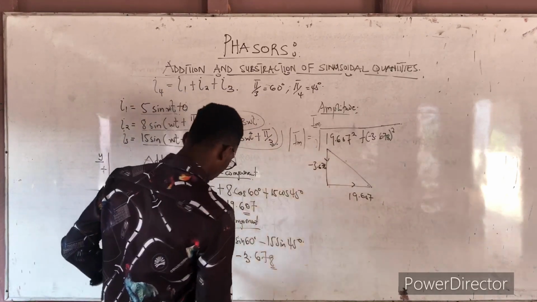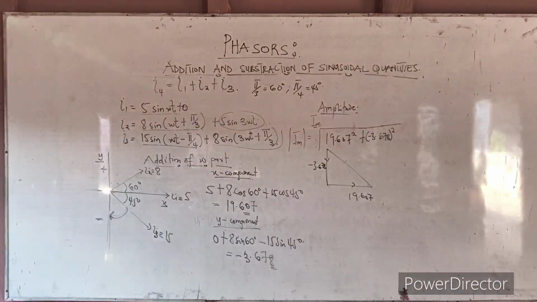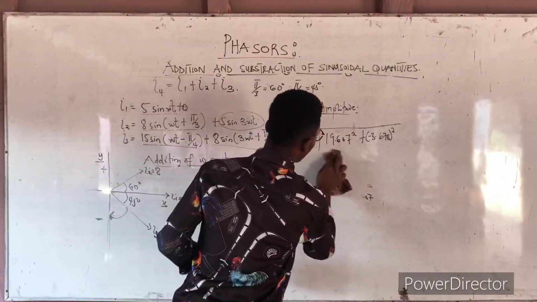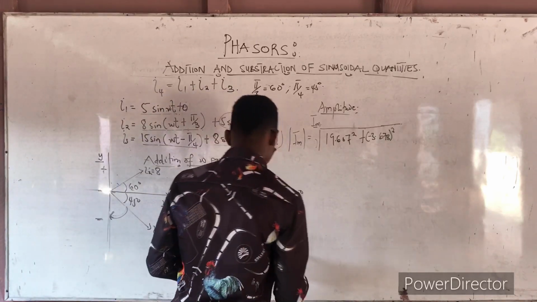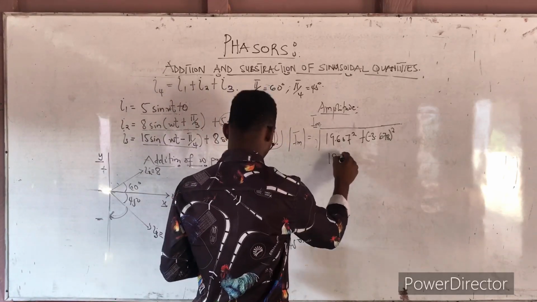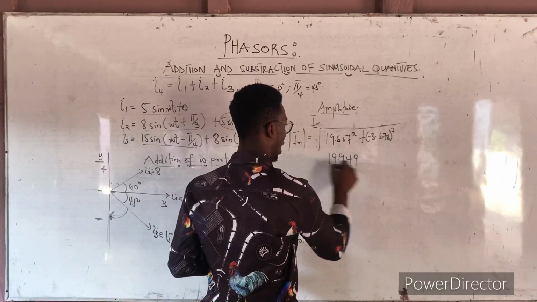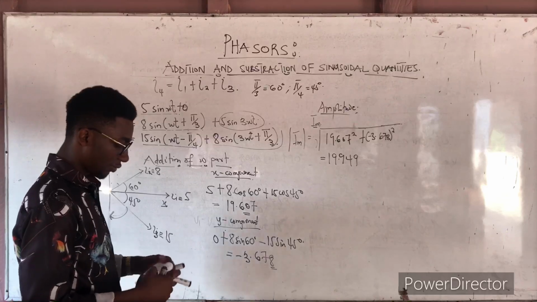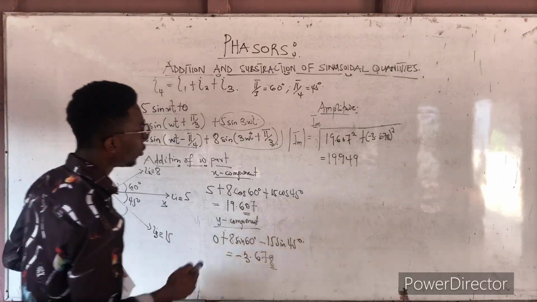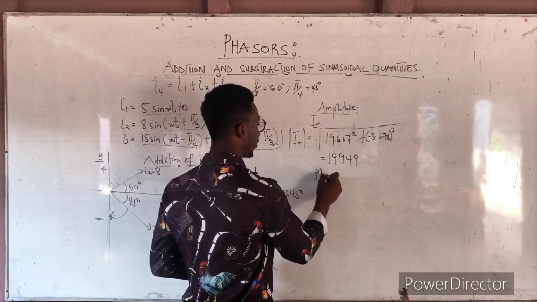Okay. So if that is giving you the peak voltage, and you point this in your calculator, you are getting 19.949. Now, how do you find the phase angle?